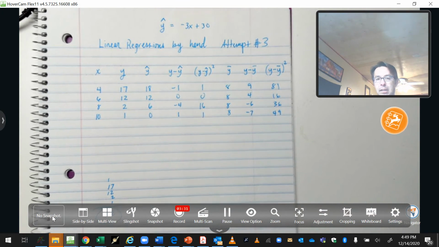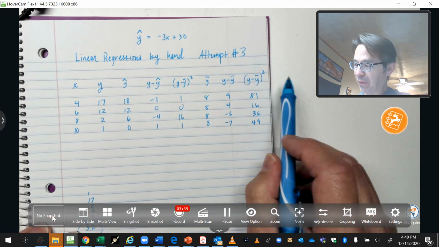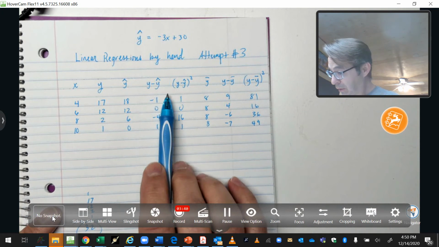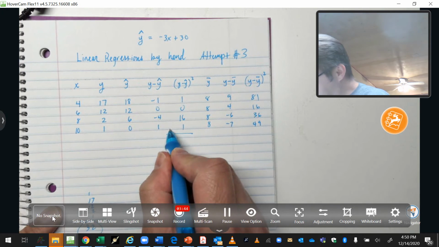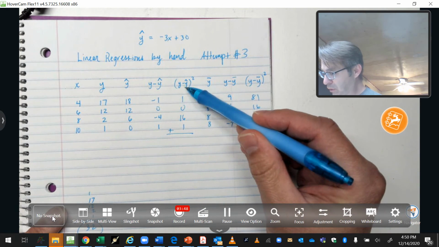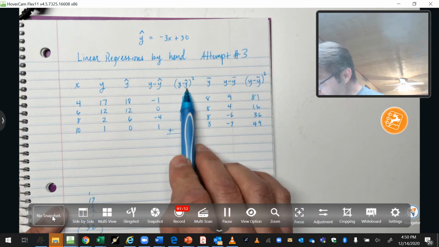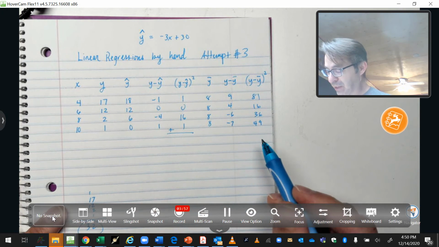Okay. And then I'm out of room, but normally over here you would have the sum of the squares of the residuals and the sum of the squares of the deviations, but it's actually a blessing in disguise because I'm going to write it right there. So these are the squares of the residuals. I'm about to find the sum of the squares of the residuals.